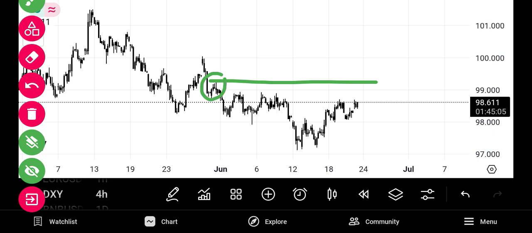So this high, the reason why I like to highlight it is because when price came down after taking out these ones over here, it came down. It didn't come straight down and take out this low, but it went up for a small retest over here and then came down and took out these lows, right? And then continued to consolidate over there without taking out these lows.